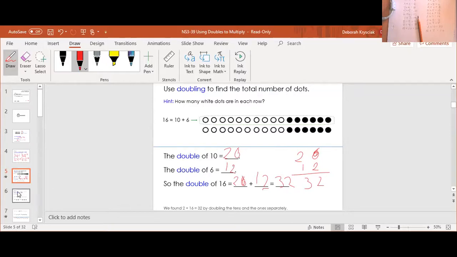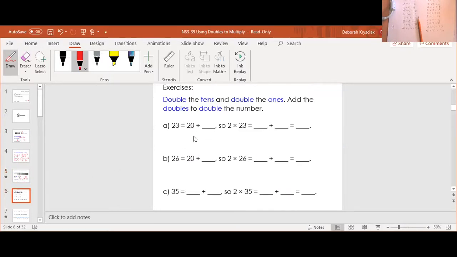Okay, let's just see here. So they're doing the same thing here. 23 is, this is like writing in expanded form. 23 equals 20 plus 3. So 2 23s is what? So what's 2 20s?